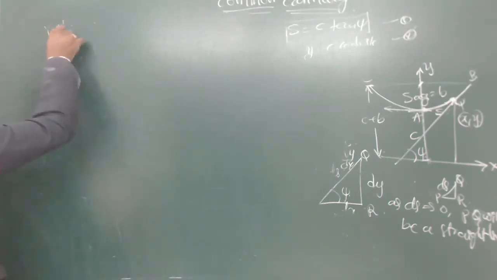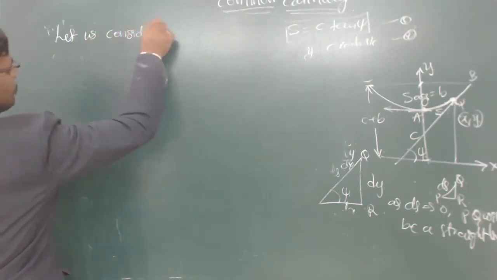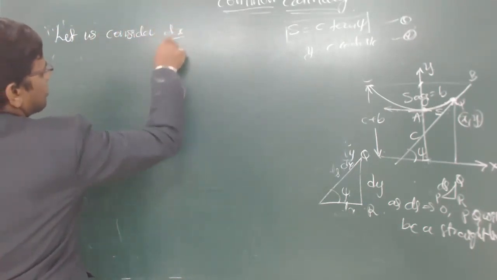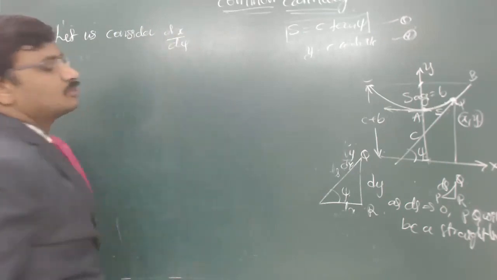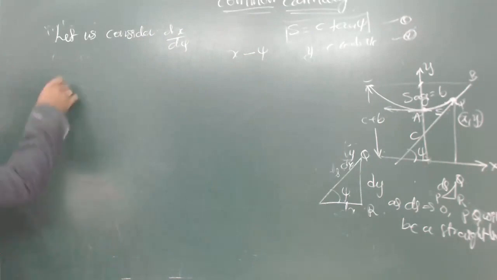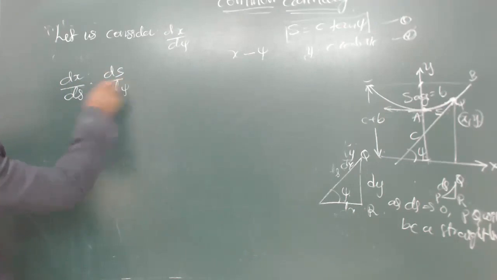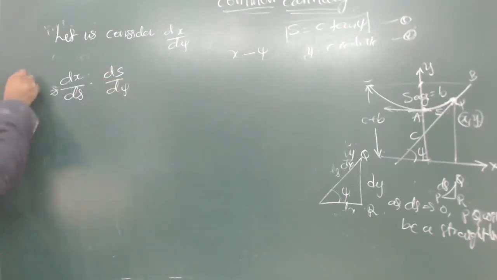So let us consider dx by d psi, so that you can establish the relation between x and psi. So again do the same thing: dx by ds into ds by d psi. So this is the dx by d psi value.